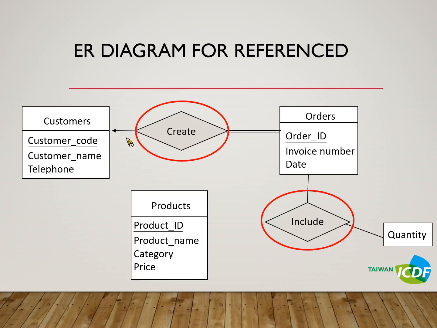For many-to-one relationships, such as create, we don't need to create a new table to represent this relationship. What we have to do is just add an extra attribute from the one-side entity set. So we can choose the primary key of the one-side entity set customers and add it into the many-side entity set orders.